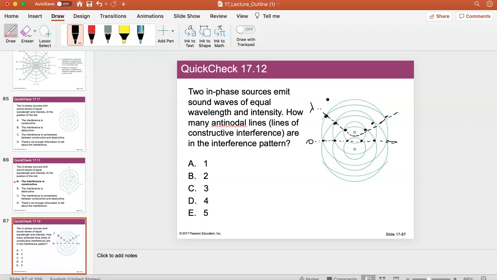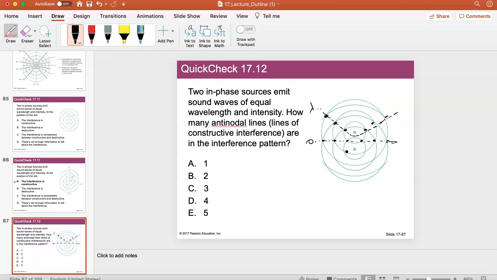And we don't seem to have more crossings. So for example, can we have something that has a path length difference that's 2 lambda? So we would want maybe the first green crossing the third blue, but that doesn't happen, right? This circle and that don't cross.